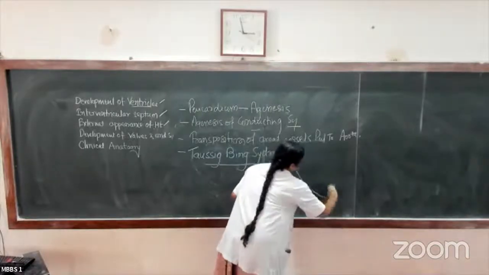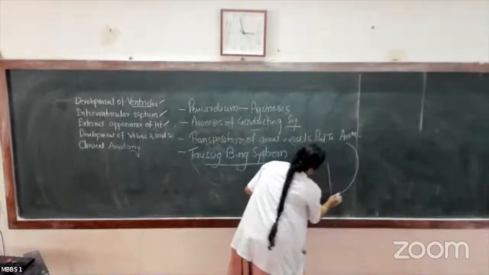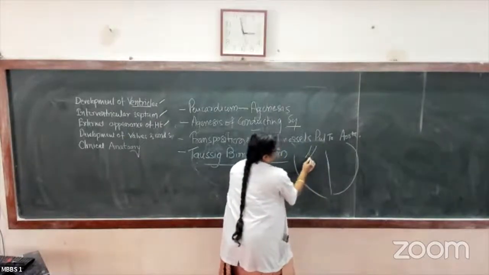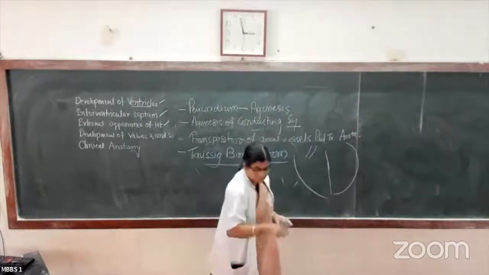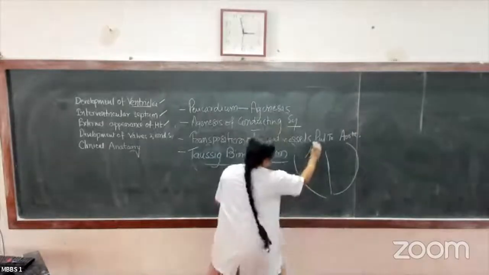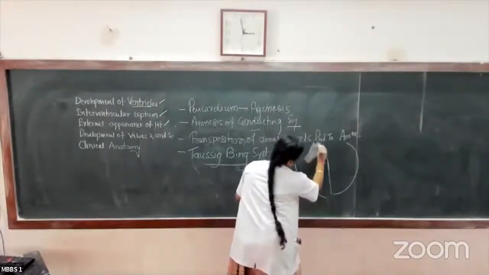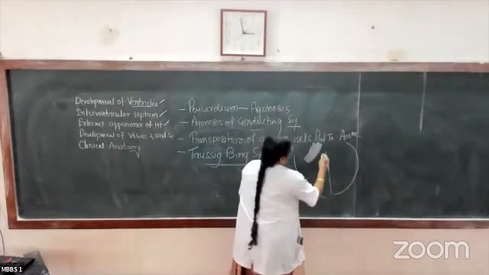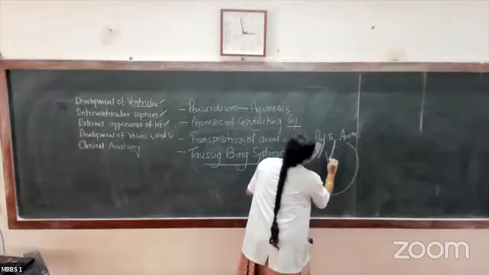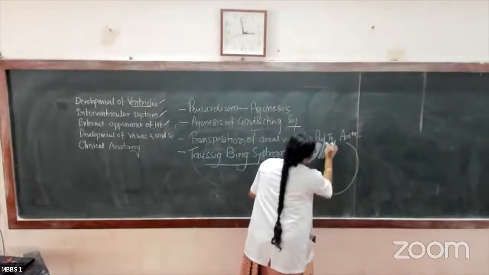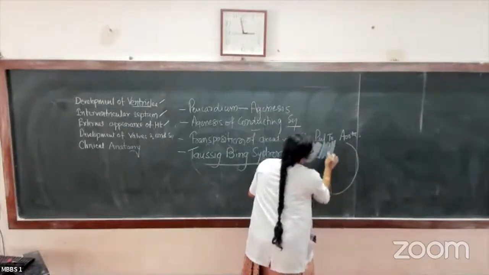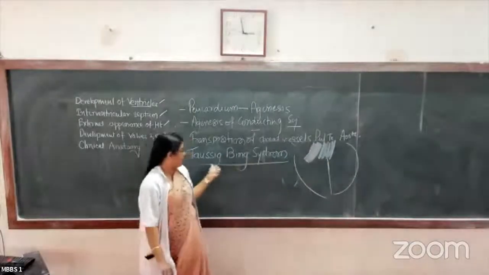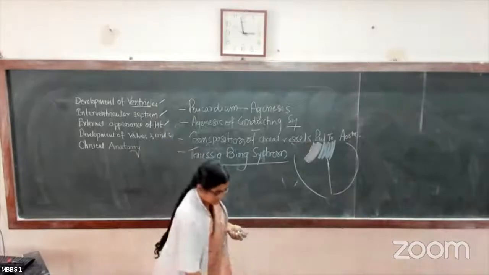Suppose this is again heart, right and left ventricles are there. Aorta is here coming from the right ventricle. And there is an overriding of the pulmonary trunk. Pulmonary trunk will take origin from right as well as left ventricle. This is known as Tetralogy of Fallot syndrome. See the spelling, you should write correctly.